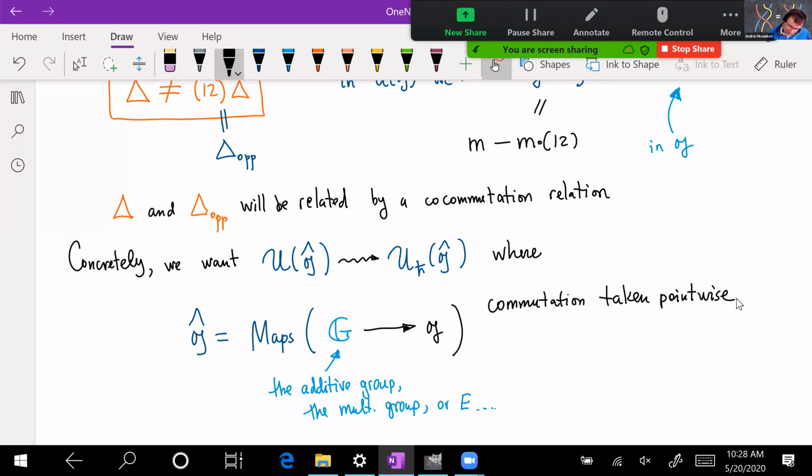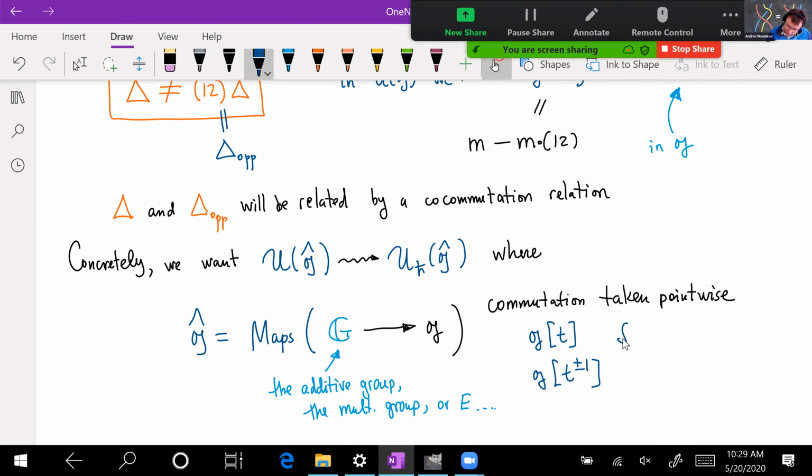In other words, if you want to introduce a coordinate on this additive group or multiplicative group, you take G and adjoin the polynomials in one variable T, which is the coordinate on the additive group, or you take G and adjoin an invertible element.